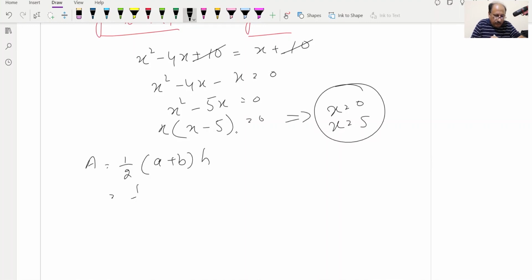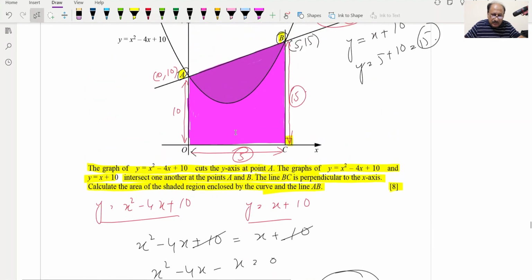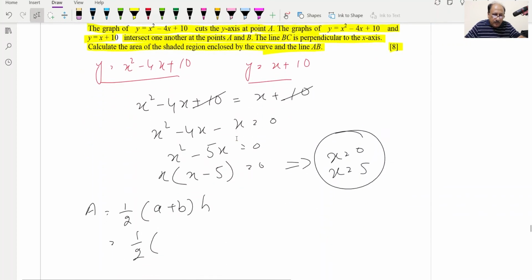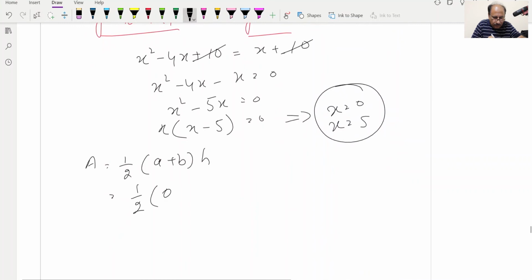So this will be 1 by 2 into one side is 10, the other side is 15. This side is 10, parallel side we will be taking. So 10 plus 15 and perpendicular height is 5. So 10 plus 15 into 5, and this is equal to what?